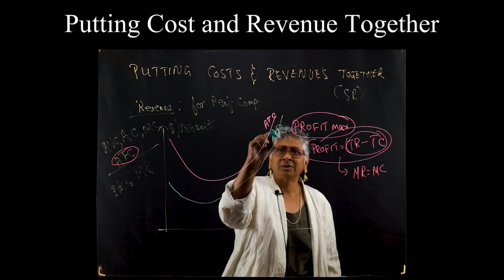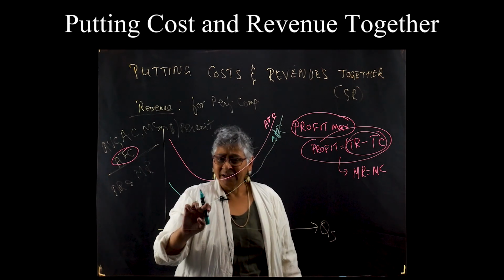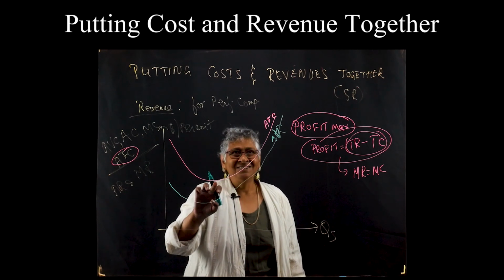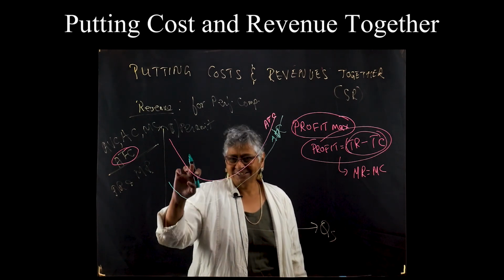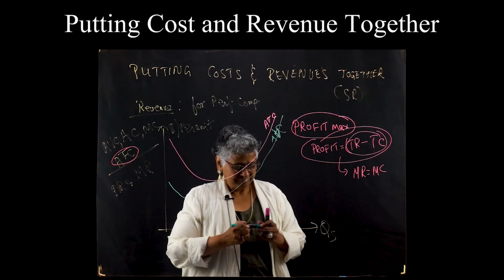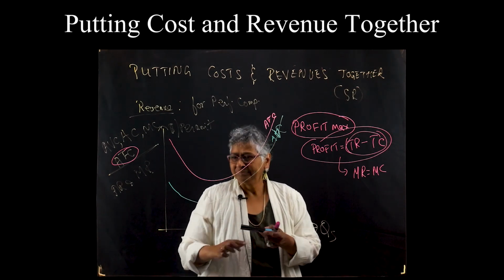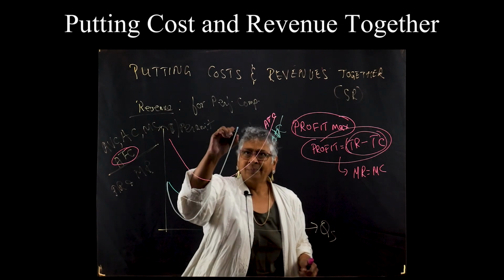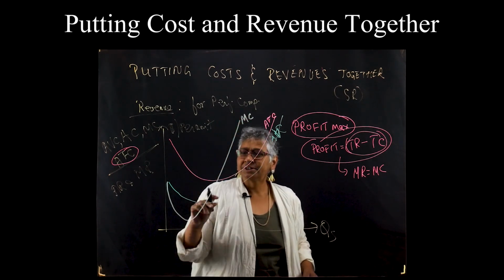Average variable cost drops here. Average total cost starts rising a bit later. And here is my marginal cost.